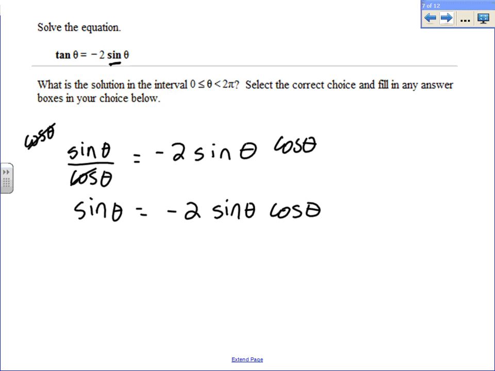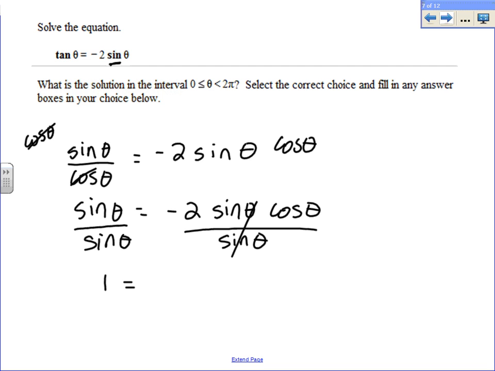Now let's see if you guys can maybe spot something that I could do with this. Notice that you have a sine on both sides, and then all of this is just multiplication. So that being just multiplication over there, what I can do is just divide off a sine on both sides. And now all I have left is cosine. So sine over sine here is just going to give me 1. Those would cancel out.